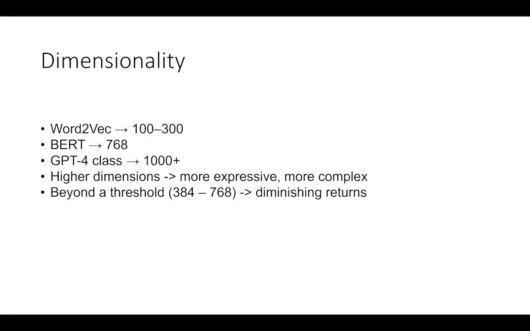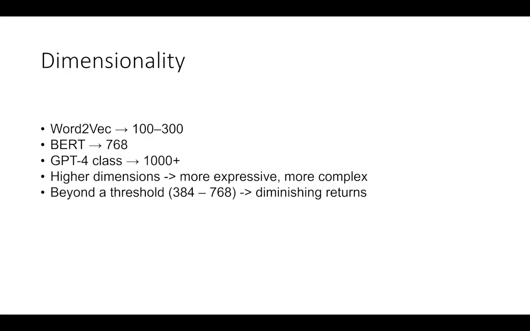Now you would say that this is a very toy example, 10 words, 2 dimensions. Tell me more. Conceptually, it's still the case, but dimensionality-wise, this word2vec, the algorithm that we saw earlier, has 100 to 300 dimensions.